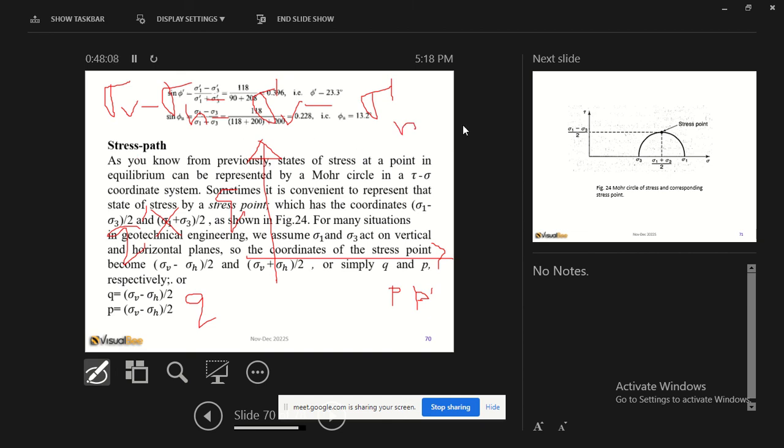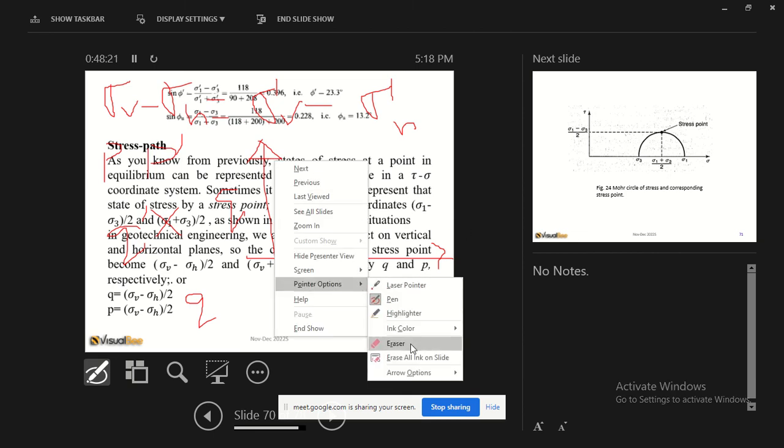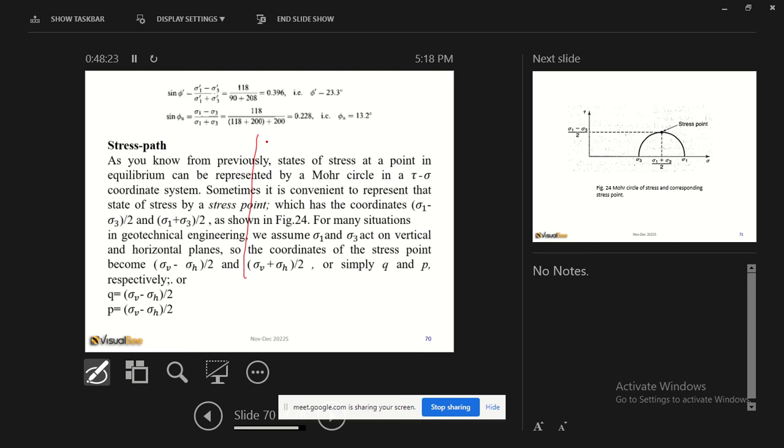So that difference is always the same. But for P, there is a P prime. So please note there is no Q prime, but there is a P prime. So if you plot these things in a P or P prime, Q space, that is what you call a stress path.